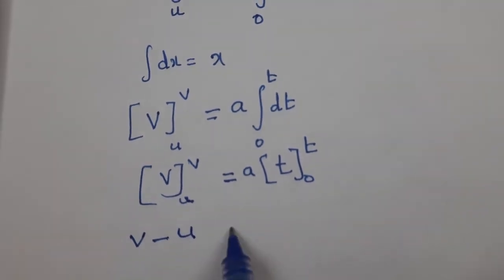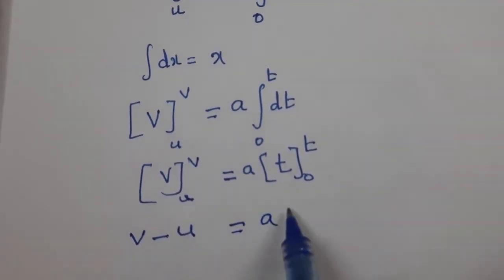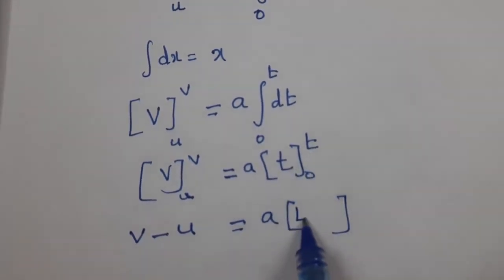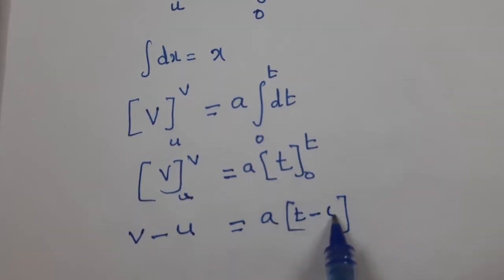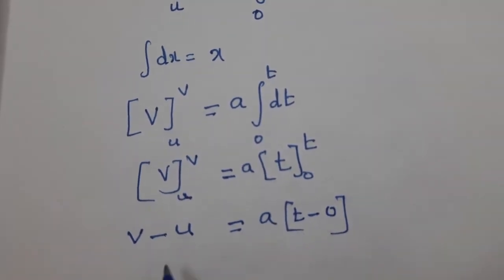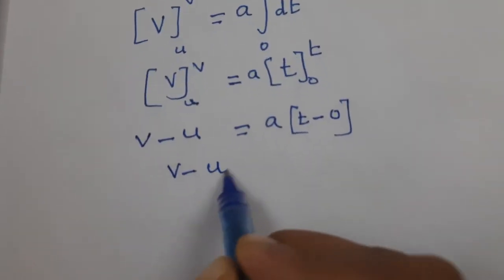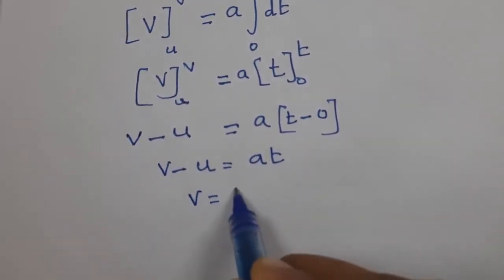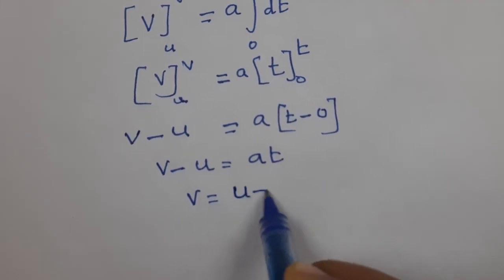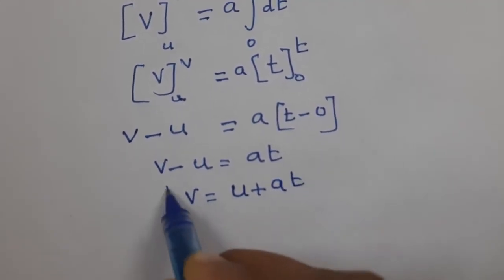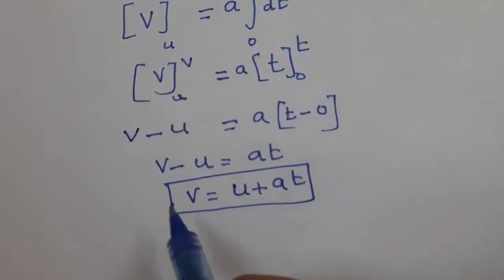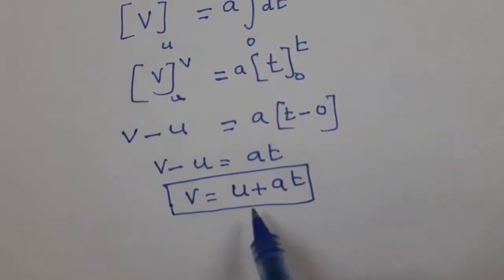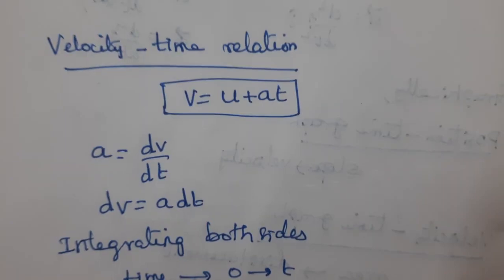So, v minus u is equal to a into, here also, upper limit t minus lower limit 0. So we get the relation v minus u equal to a into t, or v equal to at plus u, or we can write v equal to u plus at. This is the velocity time relation.